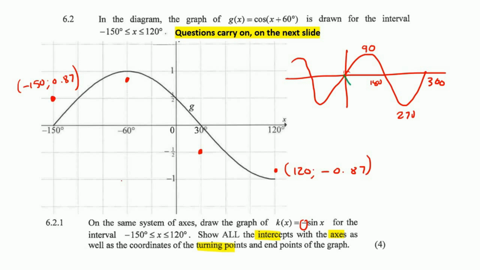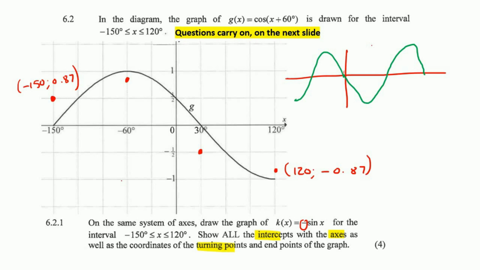So everything just goes in the opposite direction. So it does that. I will erase the red one now, so it will be a bit clearer. Right, so this would be 90, 180, 270, 360, and then negative 90, negative 180.